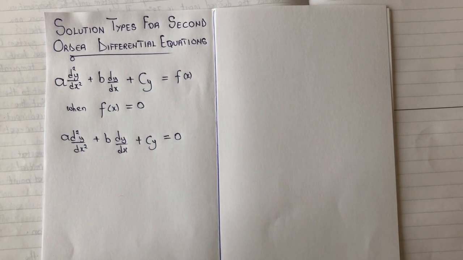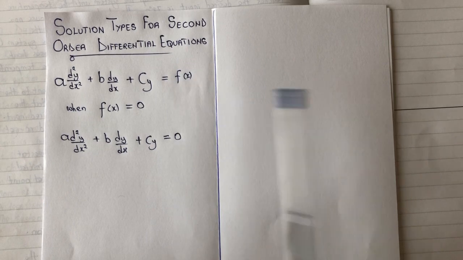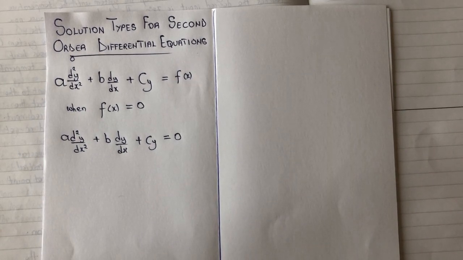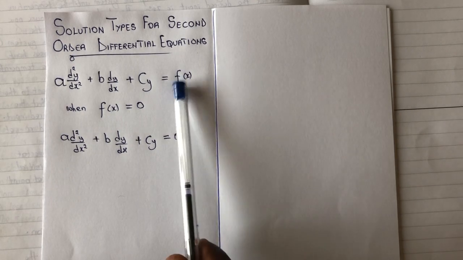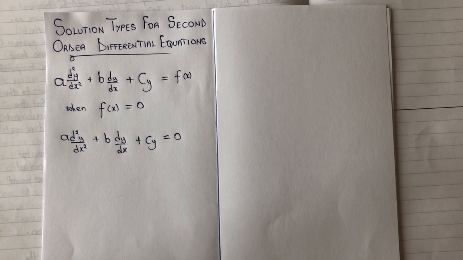These are numbers that can be positive or negative. Now, the f of x here is another function on its own in terms of the variable x, depending on the question given. And this f of x is used to generate the second part of the solution called the particular integral solution.